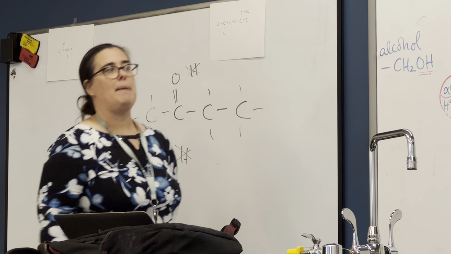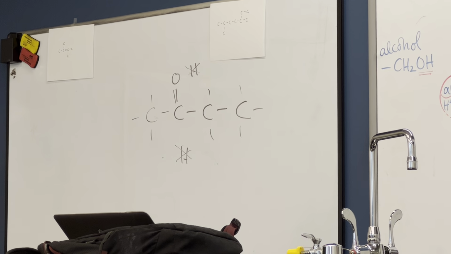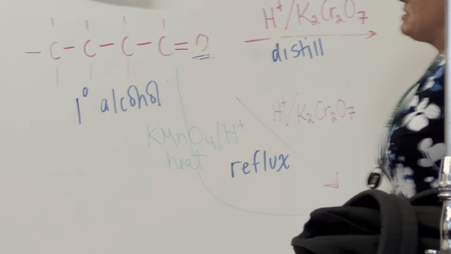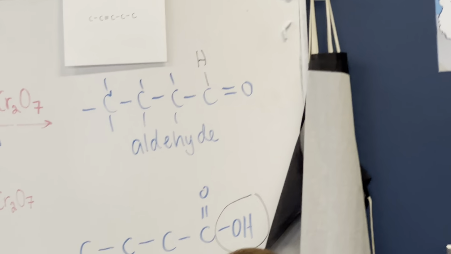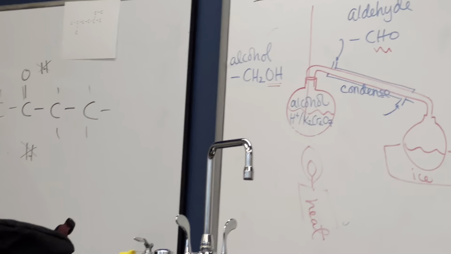In the second step, when we took an aldehyde and turned it into a carboxylic acid, what did we have to do? We had to remove an H and add an OH. We had to remove the H from the aldehyde, from the CHO, and add an OH. So let's see if we can go further with the ketone. Does this carbon have a hydrogen on it that I can remove?